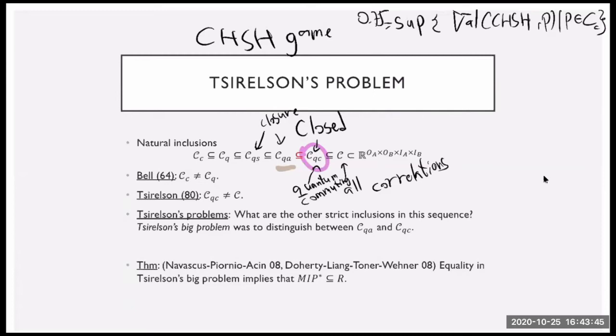So the maximal winning probability using classical correlations is 75%.